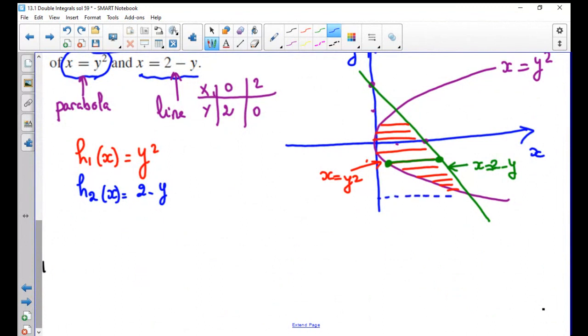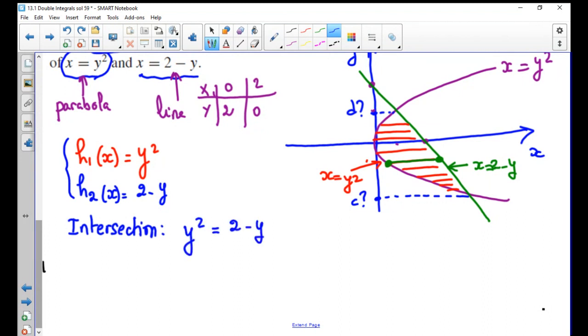Well, c is this point, and d is this point. So I need to find them. I need to consider the intersection of the two curves. So you basically make y squared equal to 2 minus y.